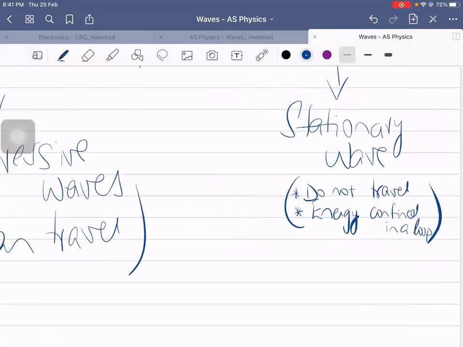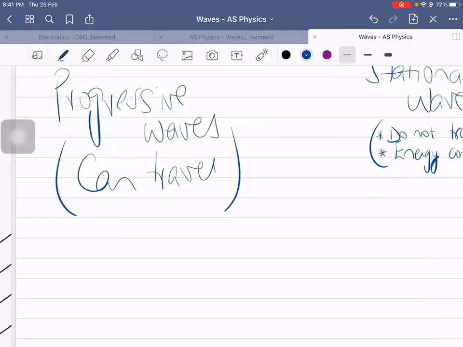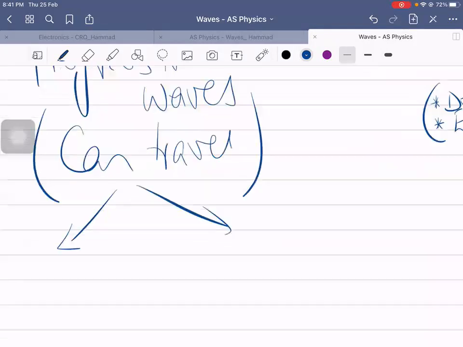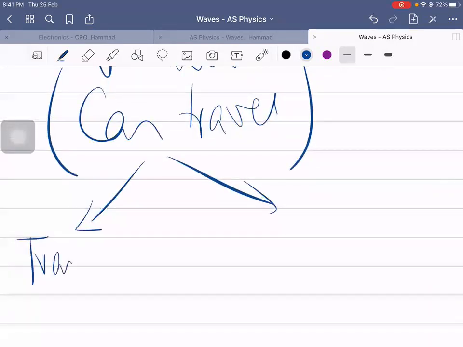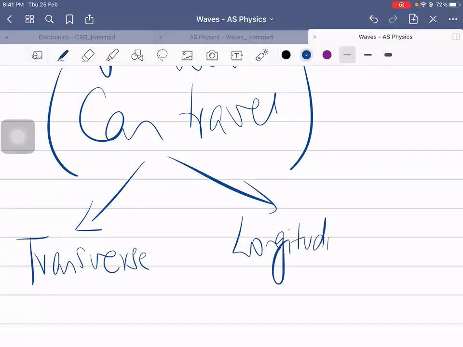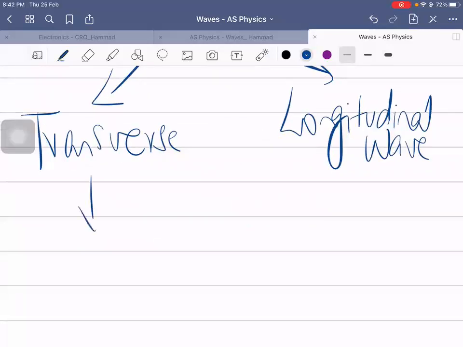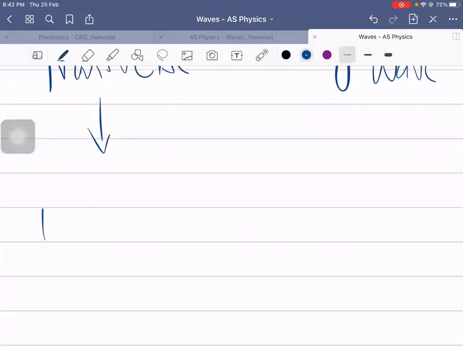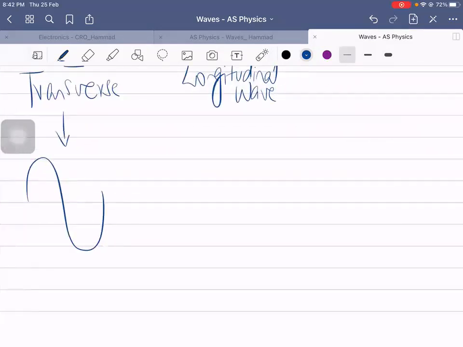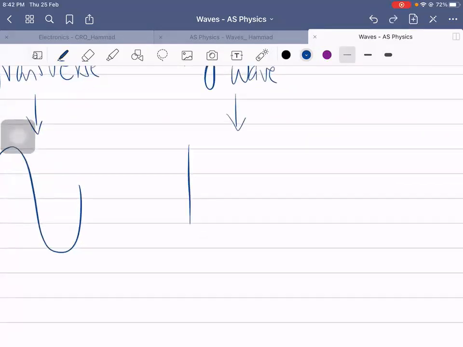Progressive waves can be divided into two broad categories. One is your transverse wave, one is your longitudinal wave. A transverse wave looks somewhat like this, whereas a longitudinal wave looks somewhat like this.